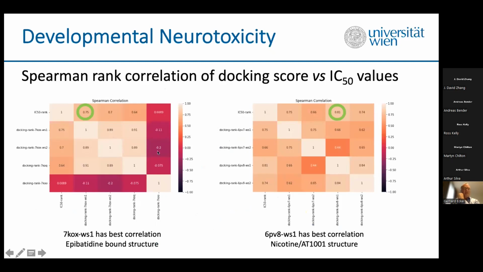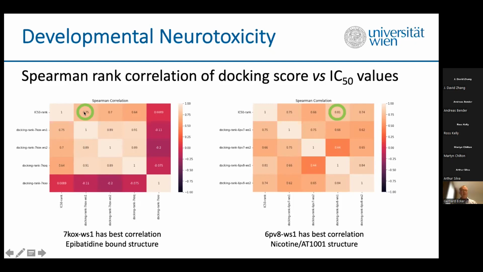What Karin is currently doing is utilizing the data we have for these 17 nicotinoids and neonicotinoids and validating the docking protocol and the structure into which we dock by calculating Spearman rank correlation coefficients between docking scores and biological activity values, because we have structures with a water in the binding site, structures without water in the binding site, and structures which are more open to the outside.